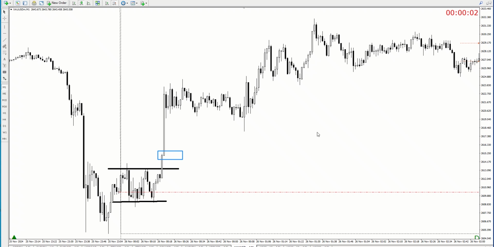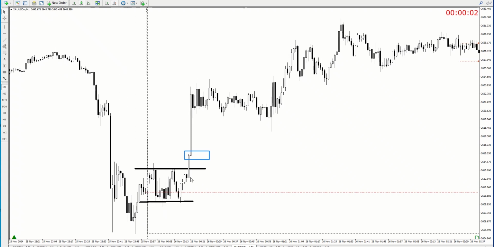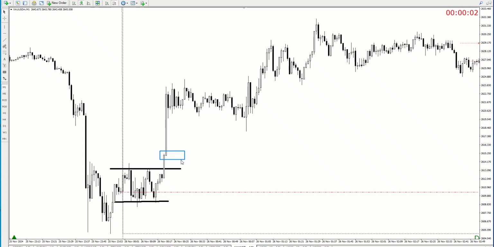I said 8:30, but this one is happening roughly at 7:30. You see half Batman, they consolidate. They are consolidating on the closing price. Guys, remember, it's not always gonna be like this, but most of the time it's gonna be like this.